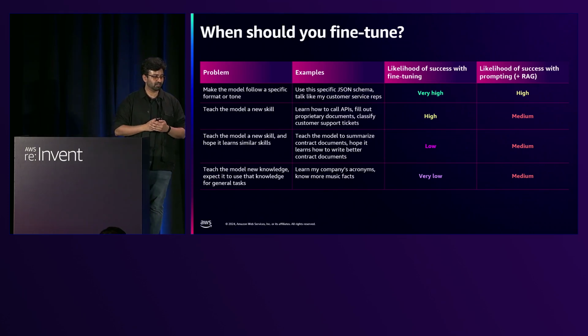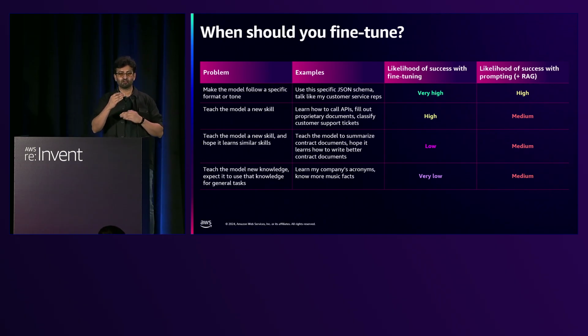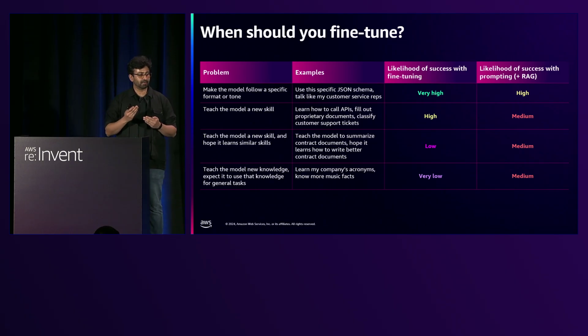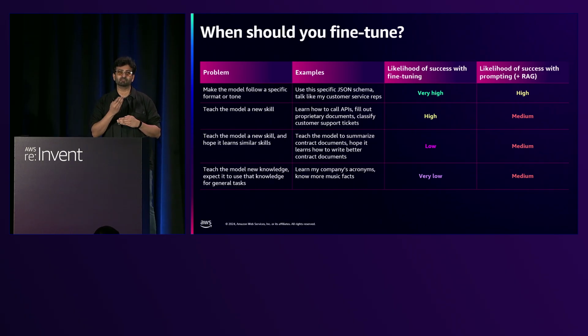Let's say you want to make your model follow a particular tone, right? So you're, say, in the customer service industry and you wanted to follow a particular tone. You might see that prompting or prompting plus RAG also has a pretty good success rate at doing that, right? But then when you have fine-tuning, you'll see that you'll be even more successful when you have a low complexity task like this. So going down the list again, let's say you want to teach this model a completely new skill, right?